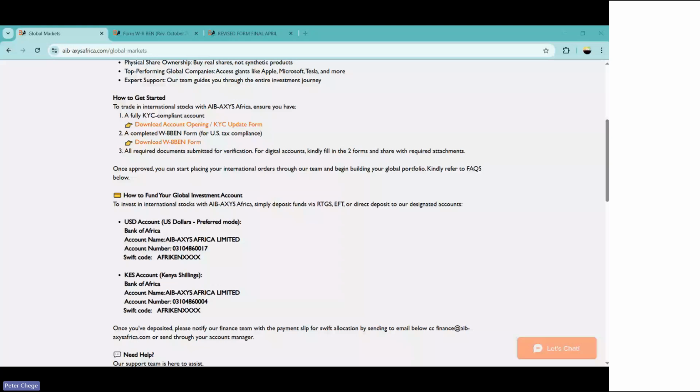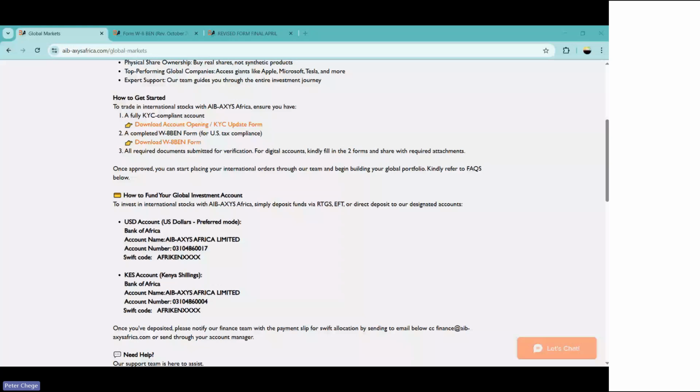If someone's portfolio reaches 3 million, and one just did online registration, what is the action one is supposed to take? Just fill in the form and send it to us to update the account. But don't be worried about the account. You can continue trading. The only difference is when you want to be paid.